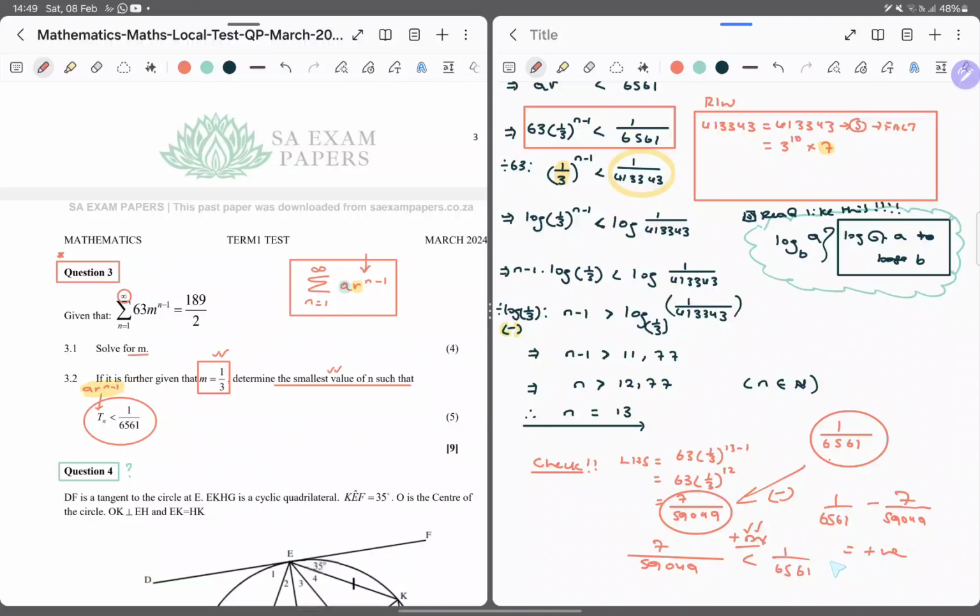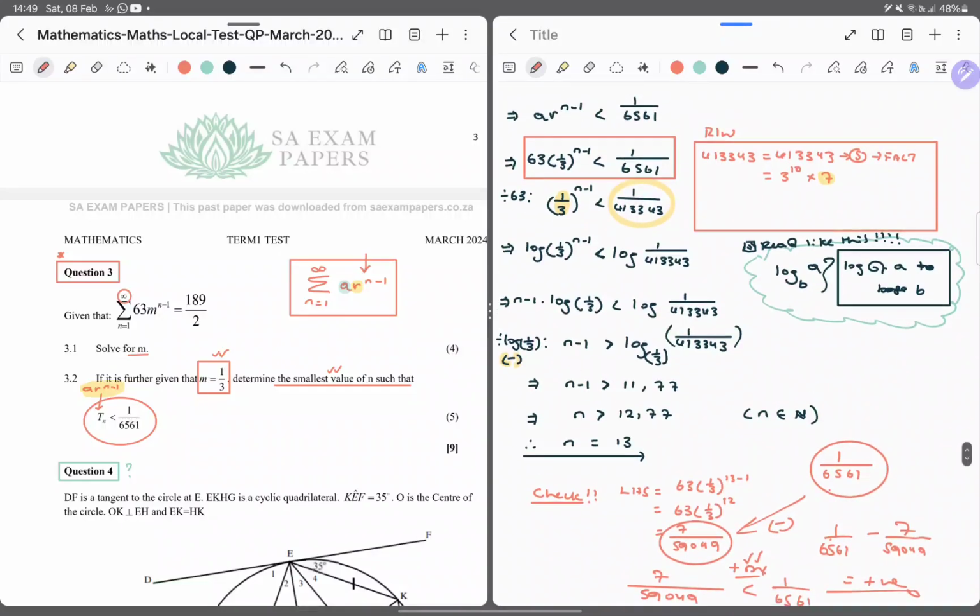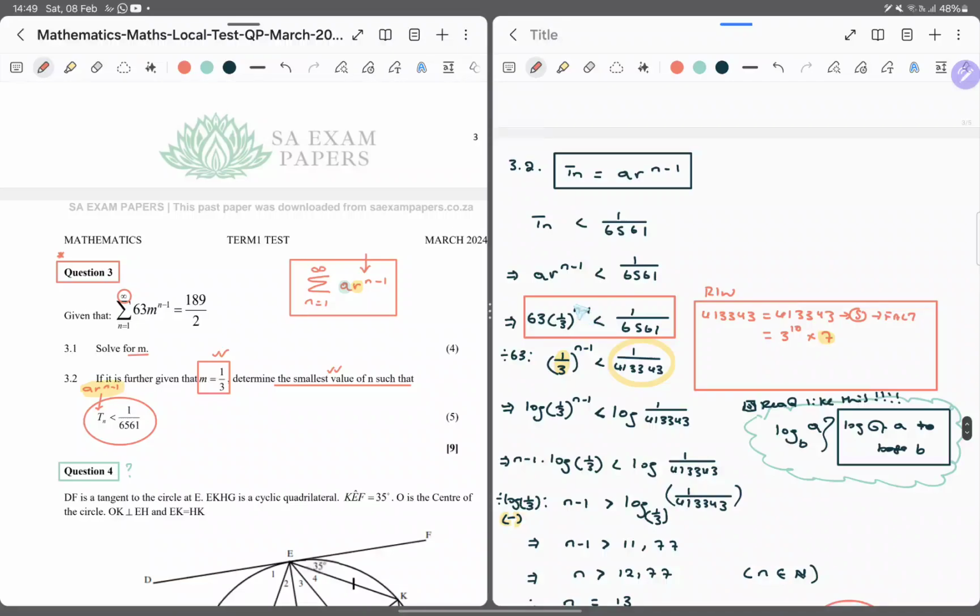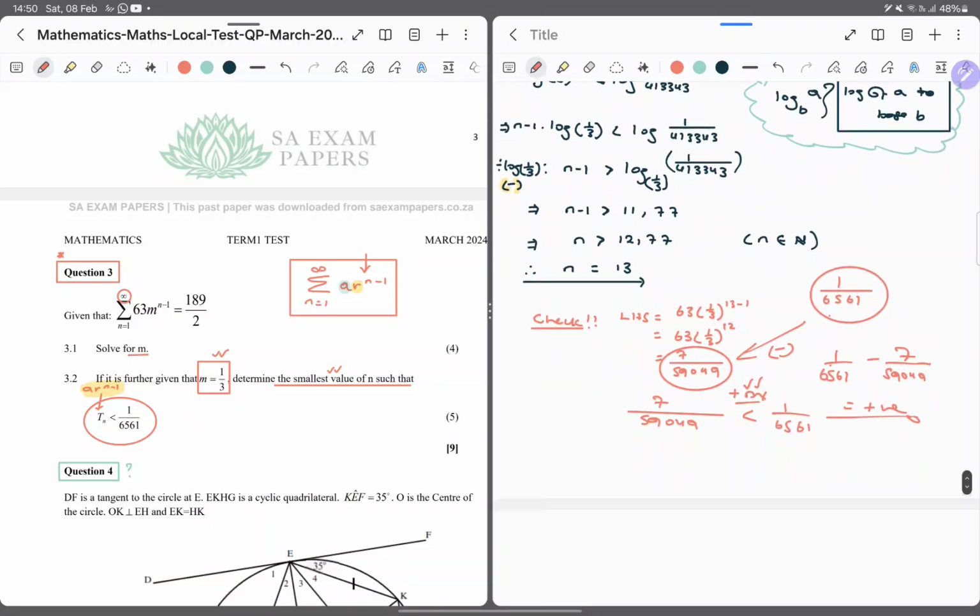I get a positive answer, and that means this one is stronger than that one. So it is true that when n is 13, definitely this expression is going to be less than that value. Hell yeah. If it were not true, when you subtract you would get a negative. The sign of this number when it is negative will prevail to suggest that this is bigger, and that would mean our answer is wrong.